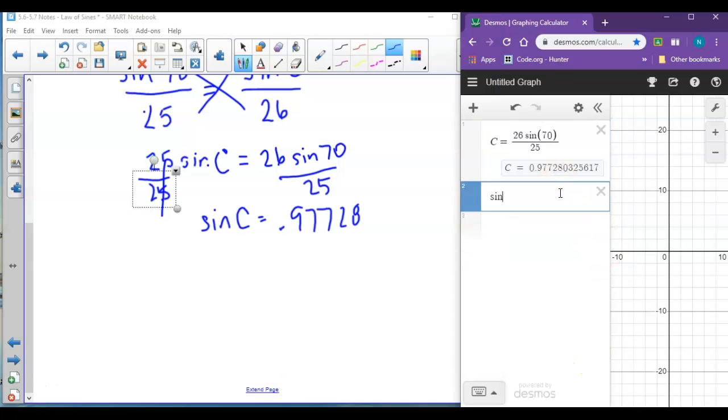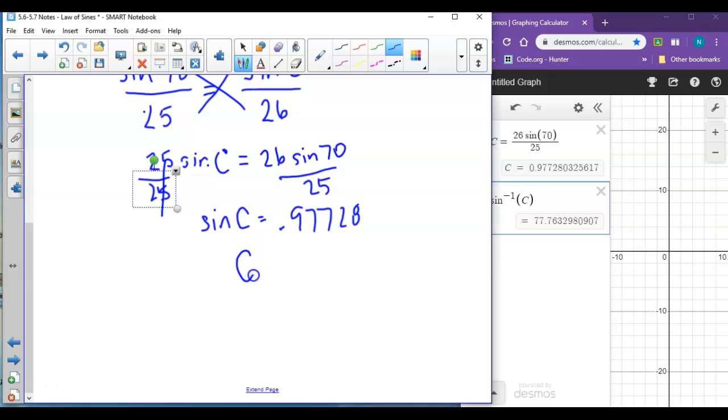So I'm just typing in sine to the -1 of that value, and so for C, I'm going to get 77.763 degrees.